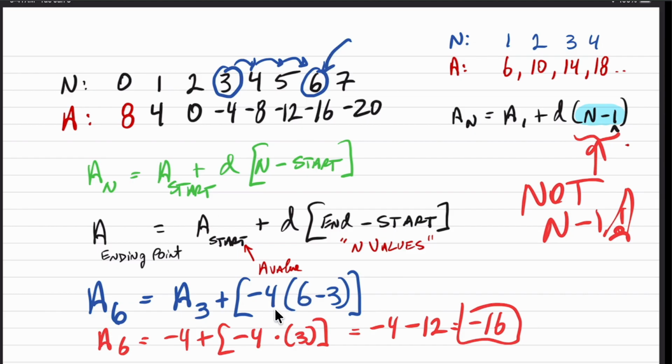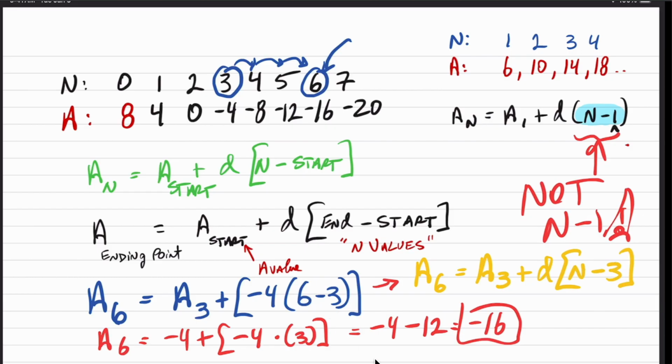Look what we did here. Here we did n minus 3, right? Look at this. Let's rewrite this in yellow. Here we did a of 6, that's our ending point, equals a of 3, that's our starting point, plus d times n minus 3.